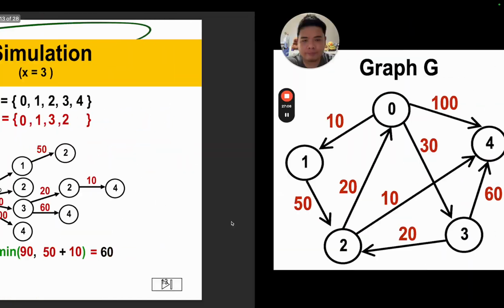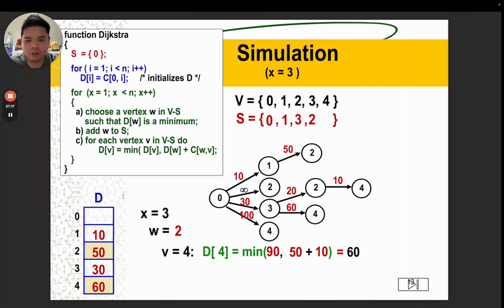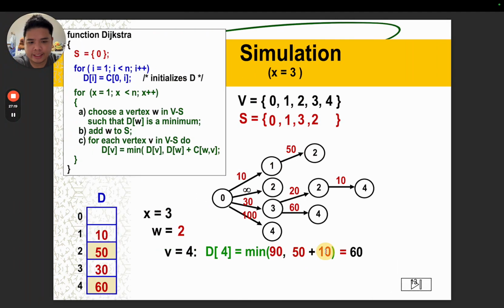Let's take a look at the picture. Is there an arc going from 2 to 4? Yes, there is. And the cost is 10. So we do 50 plus 10, which is 60. 60 and 90, what is smaller? It's 60. So we're going to update this to be the newest, shortest cost.